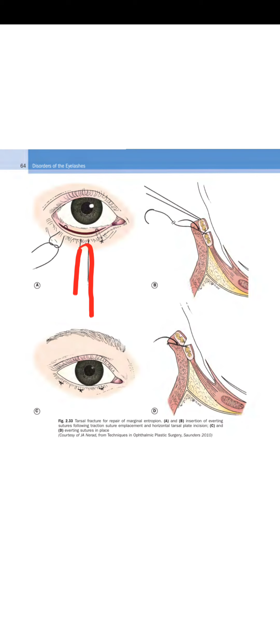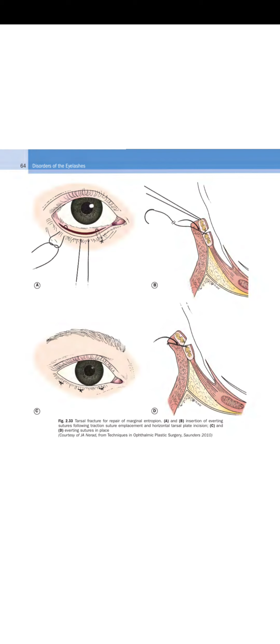And what you do is basically you incise the conjunctiva, and through the tarsal plate you divide the tarsal plate into two. And after that you place the everting suture. What is the placement of the suture?